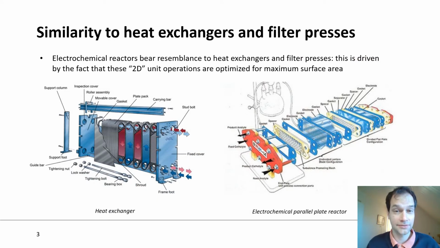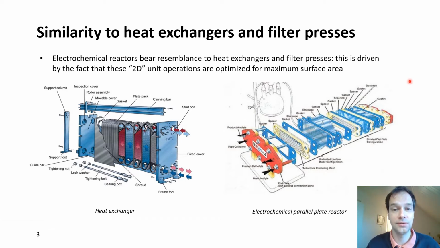So you might think that electrochemical reactors, electrochemical stacks are unique. They are, but they still bear resemblance to some other processes we use in chemical engineering, for example, heat exchangers or filter presses. Here you see a picture of a heat exchanger on the left, and here you see a picture of an electrochemical stack on the right.